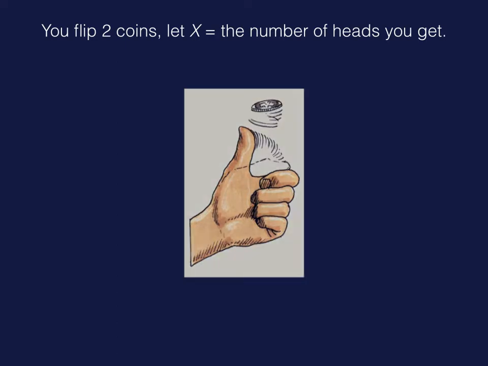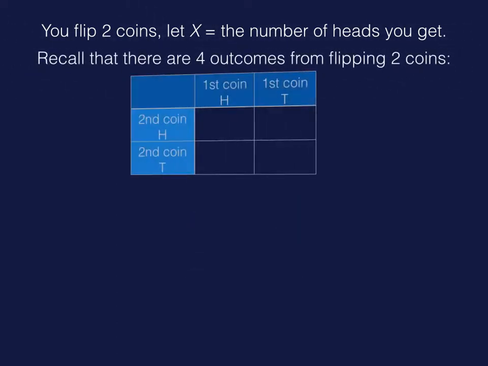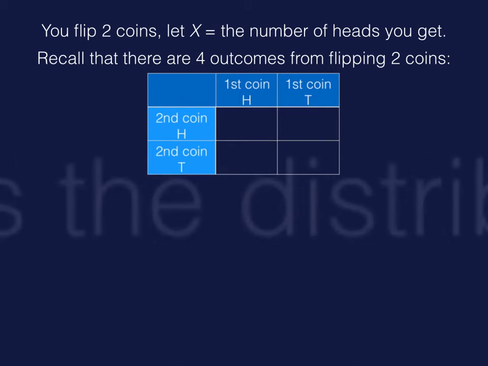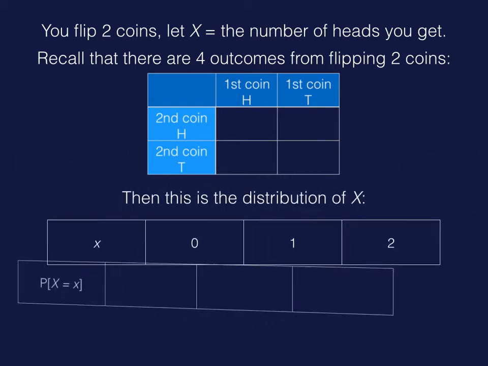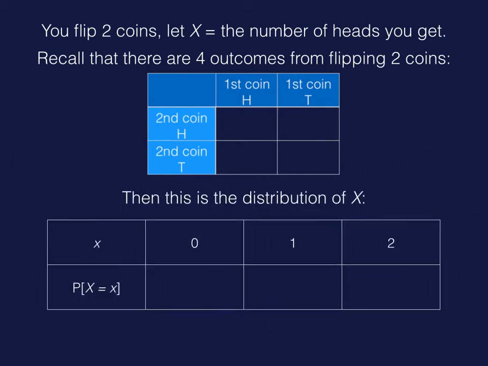So flipping two coins, it's possible to get anywhere between 0 and 2 heads. 0 is the minimum number, 2 is the maximum number, and it's also possible to get 1.